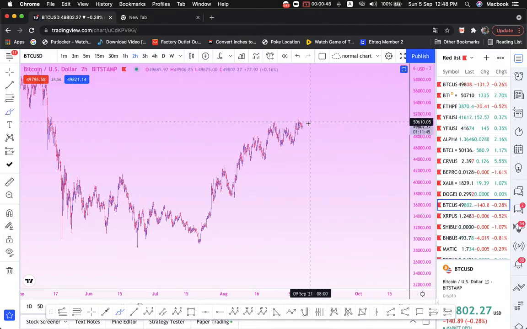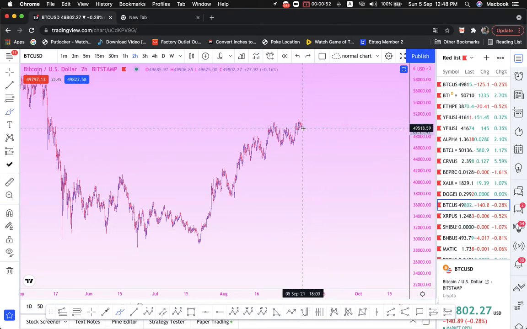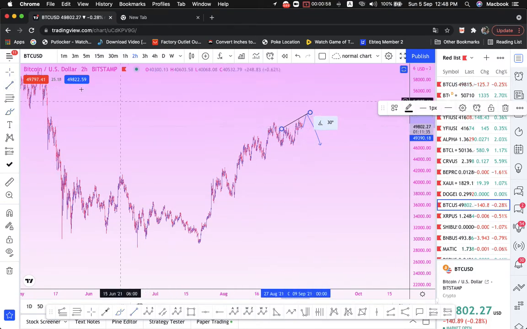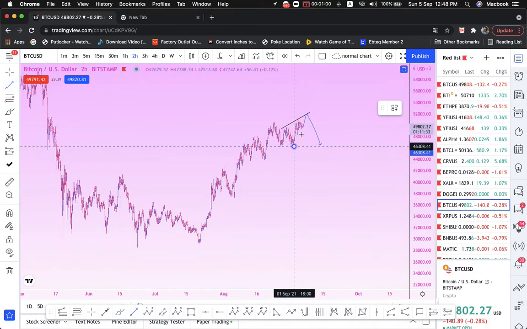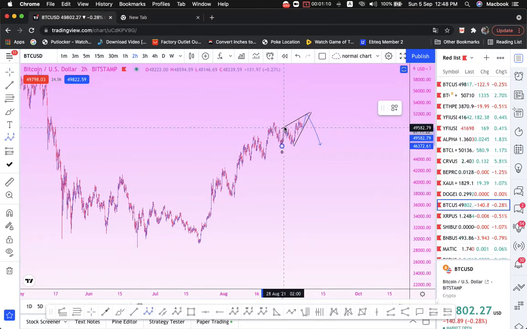so I am expecting a drop, a rollover, but I'm expecting another leg up before coming down as well. Why? Because it could probably complete an ending diagonal. So either it's a B wave, or it could be a fifth wave up, which is an ending diagonal like that.